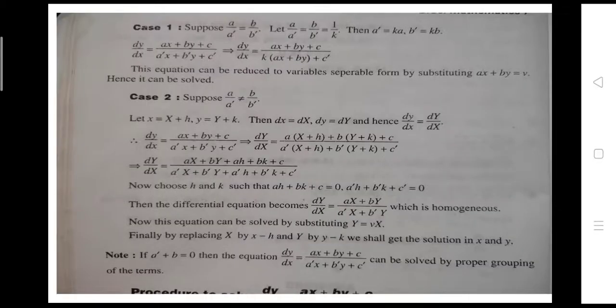For example, case 1: suppose a/a' is equal to b/b'. Let a/a' is equal to b/b' is equal to 1/k. Then a' is equal to what? ka, and b' is equal to kb.